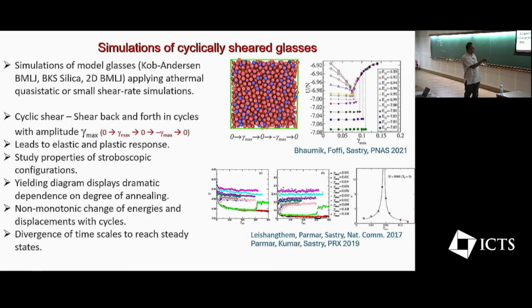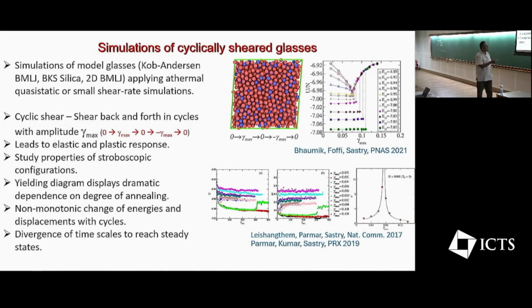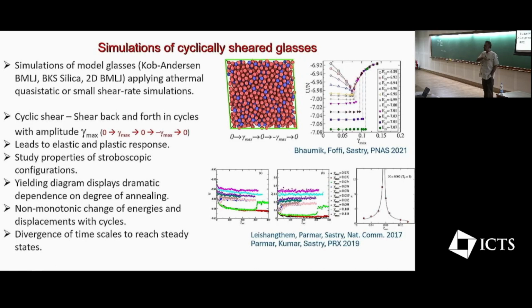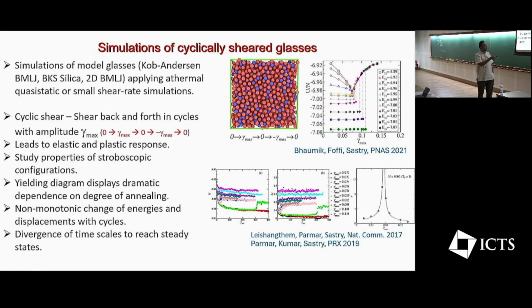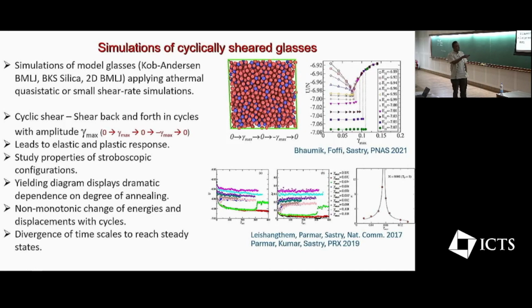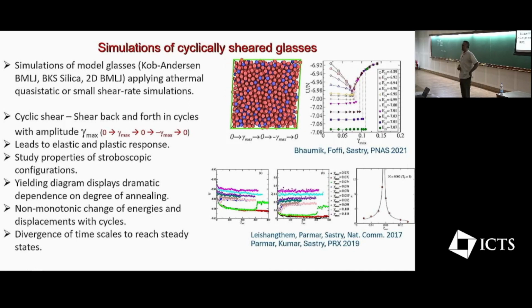If one looks at the energy or the displacements from cycle to cycle of particles, there's something interesting, which is what I'll focus on today, which is that even in the cases where eventually the glass will yield at sufficiently large number of cycles, the initial behavior of the system is to anneal.